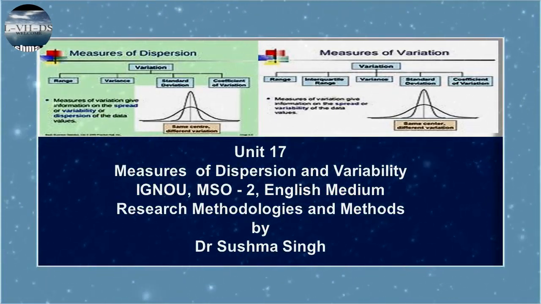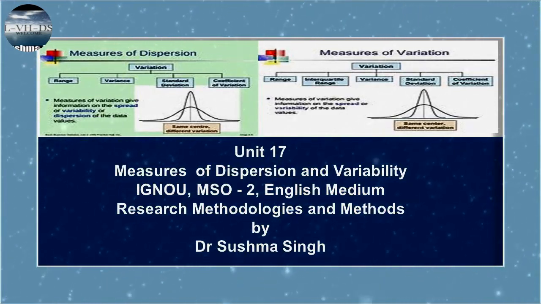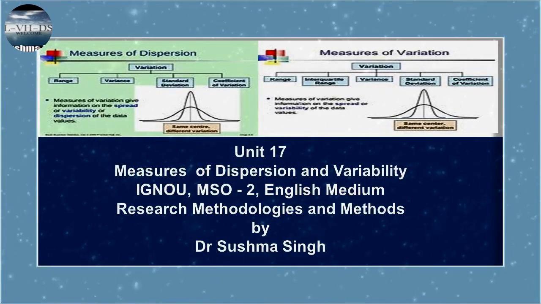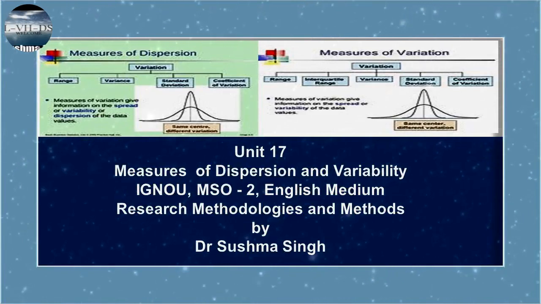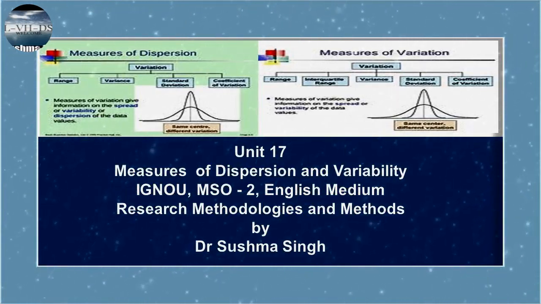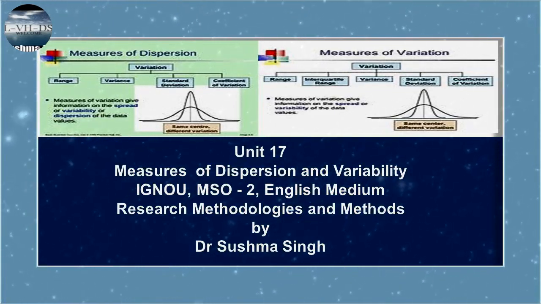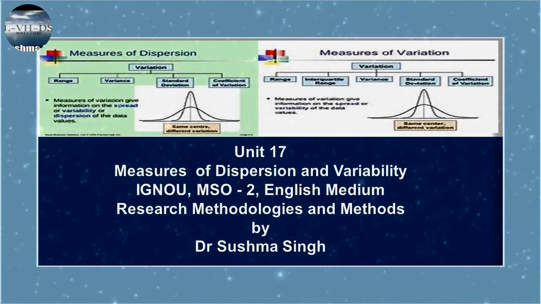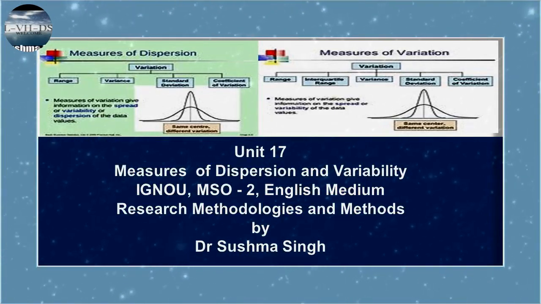If all the observations are equal, then there is no variability and S square is equal to 0, and S square becomes increasingly large as the amount of variability or dispersion increases. Since S square is a mean sum of squares, it can never be a negative quantity.